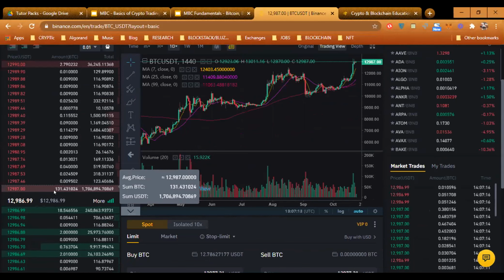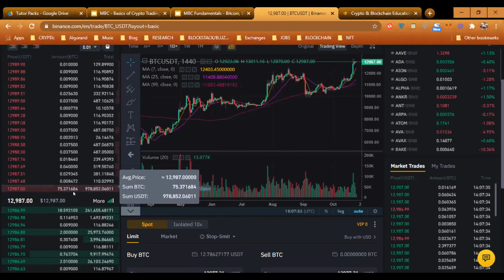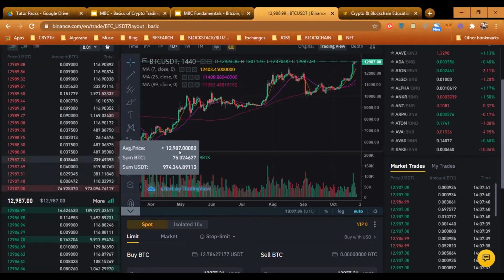It is an order, so it's being filled at the moment. It's being sold off at the moment at $12,187 per BTC. That's why you see that the price here is not changing yet until this order is filled. And this order is getting filled. You can see it's reducing. You can see it's reducing. All right. So this is the order book.